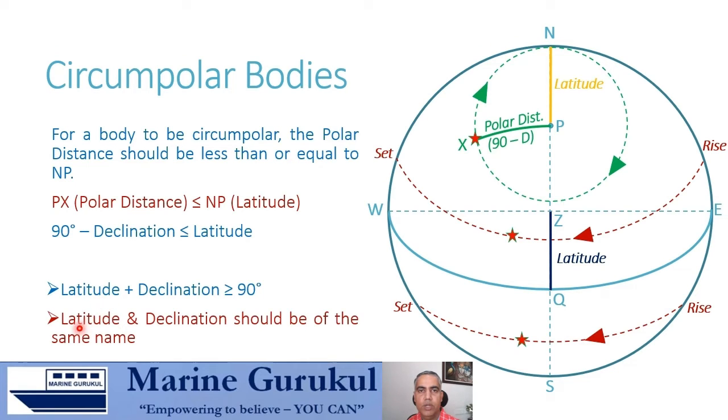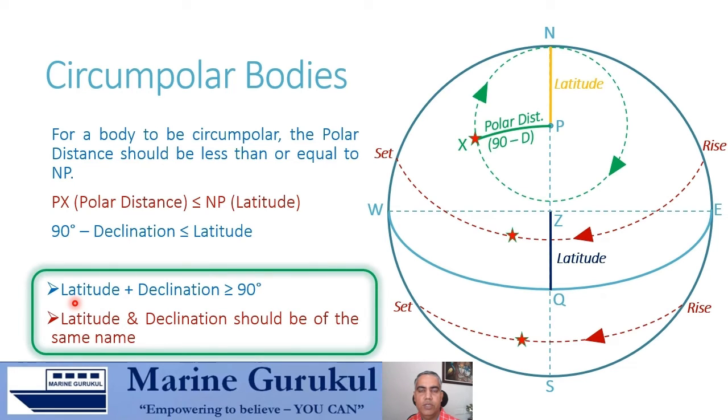The first condition which we saw in the previous slide was that the latitude and declination should be of the same names. The condition which we saw in this particular diagram is latitude plus declination should be greater than or equal to 90.